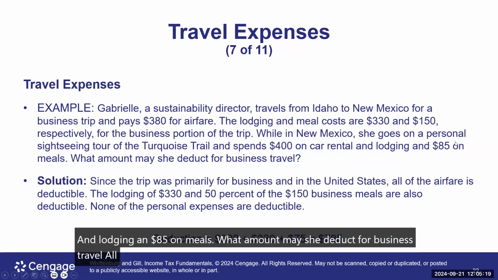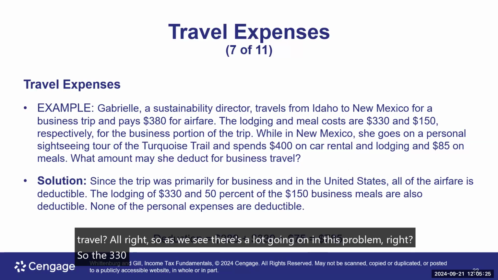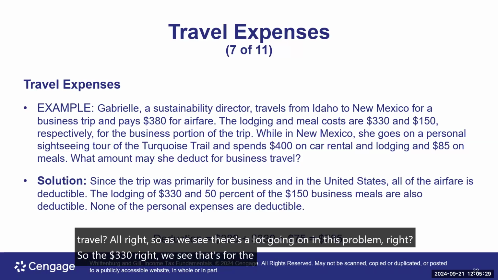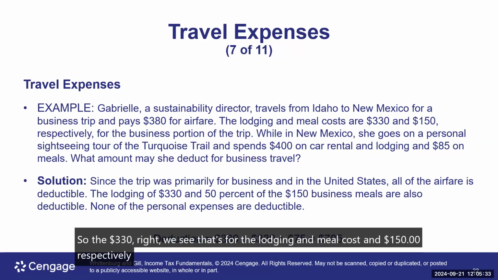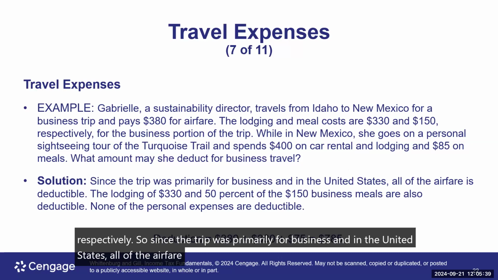All right, so as we see, there's a lot going on in this problem, right? So the $330, we see that's for the lodging, and meal costs are $150 respectively. Since the trip was primarily for business and in the United States, all of the airfare is deductible, the entire $380.